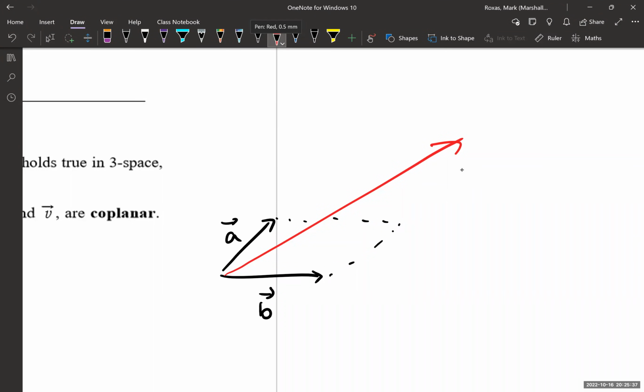So A and B both can define the entire plane, as long as A and B are non-zero and non-collinear, meaning they're pointing in different directions, not along the same line. Okay.